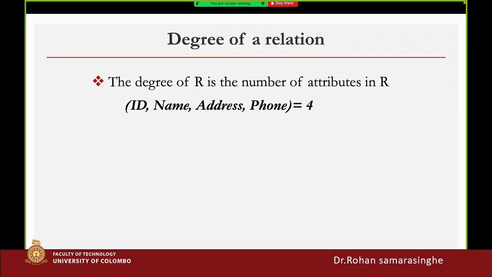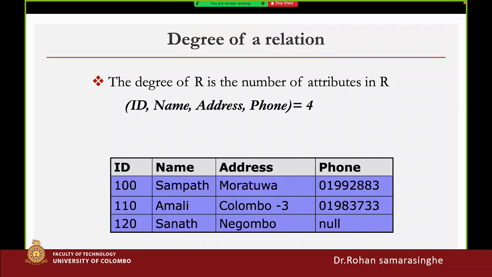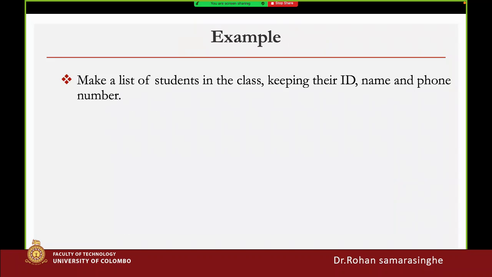So the degree of R is 4. Here ID, name, address and phone number. Degree of this relation is 4. There are 4 attributes and 4 columns to represent each attribute. Do this example. Make a list of students in the class, keeping their IDs, names and phone numbers.